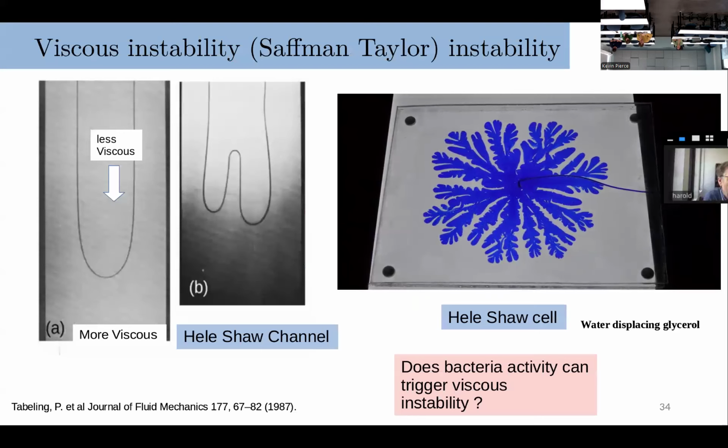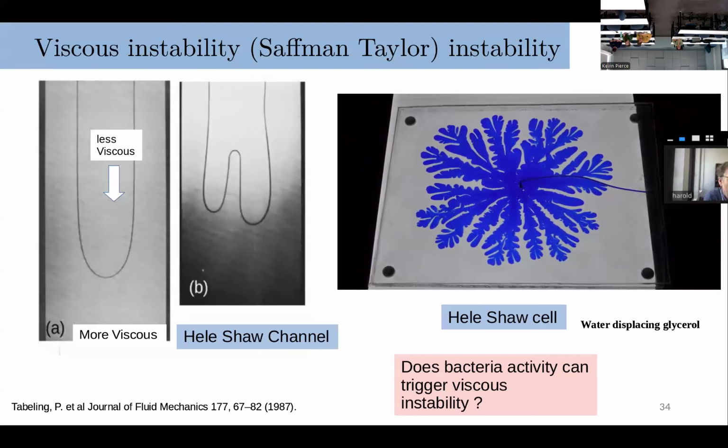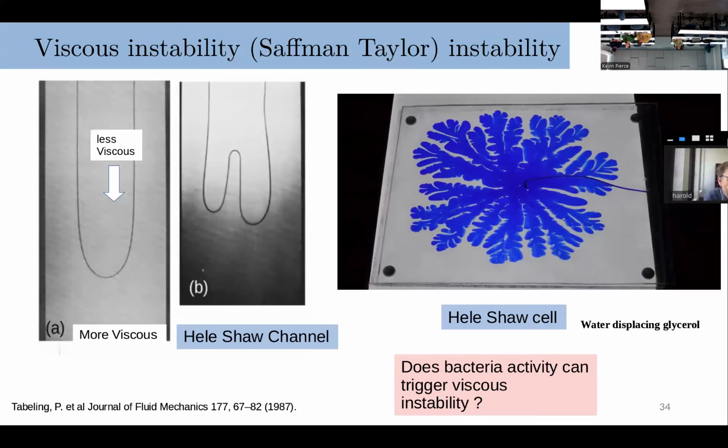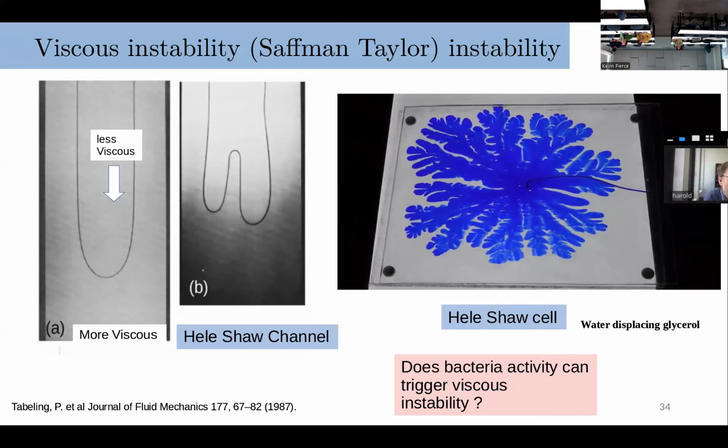So what we thought is that maybe we can use this suspension of bacteria to have some viscous instabilities, because we know that when we inject a less viscous fluid into a more viscous fluid, then we will have Saffman-Taylor instability, or viscous instabilities, viscous fingers.